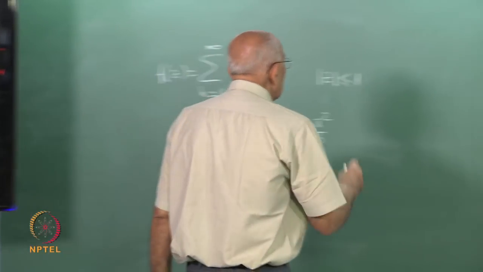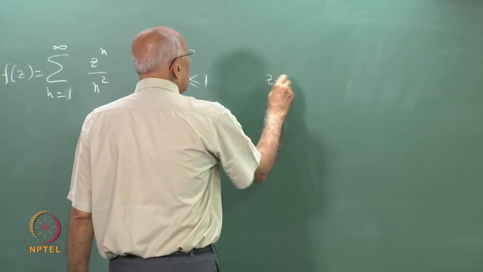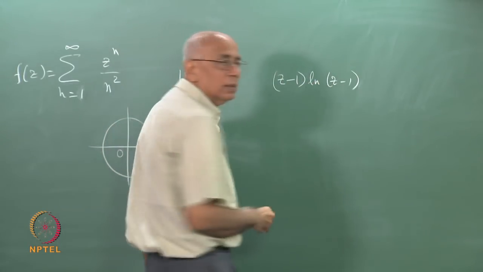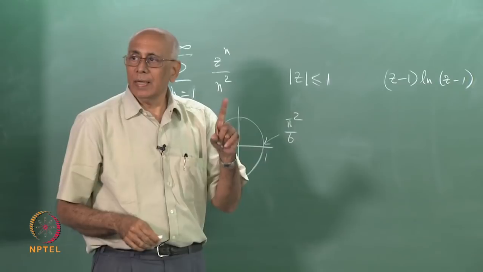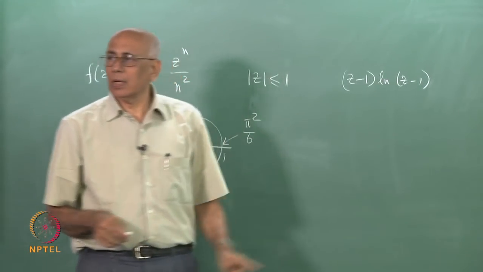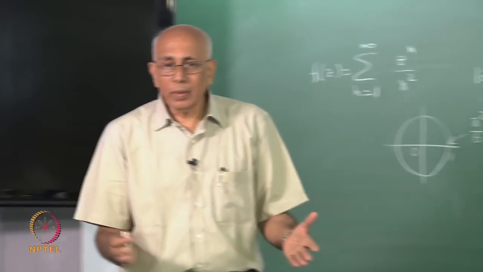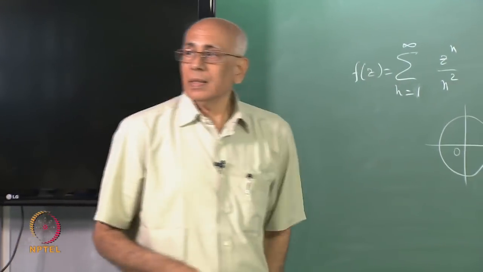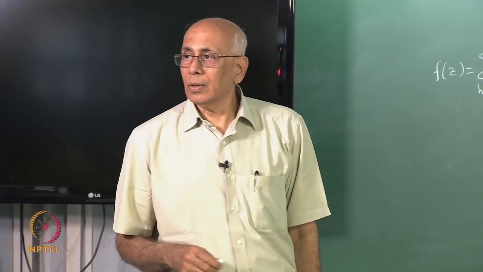For instance, suppose the series behaved like z minus 1 log z minus 1, then in the sense of analytic function theory this log has a singularity whenever its argument vanishes. Z minus 1 of course is a polynomial, nothing happens to it, it is regular, but log is a logarithmic branch point, as we will see later on.